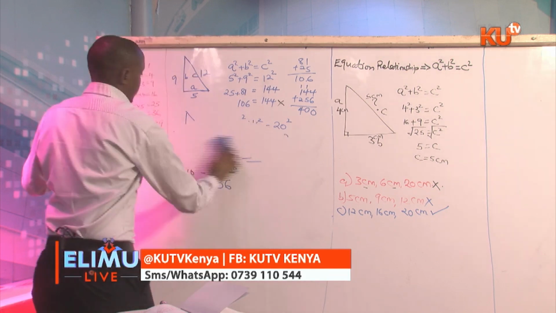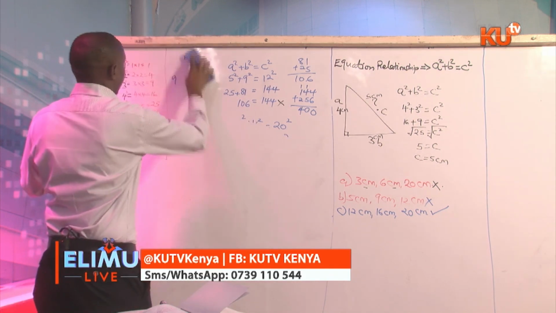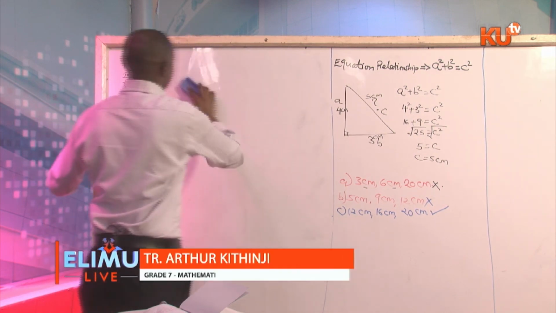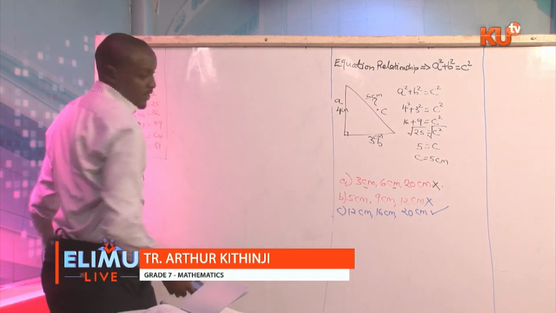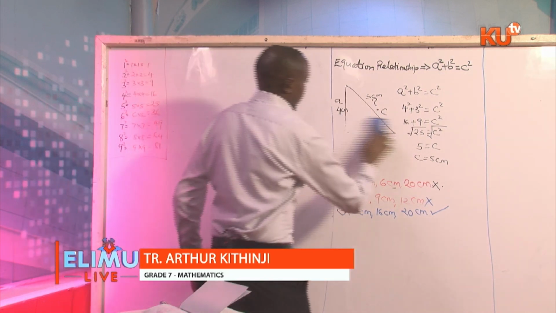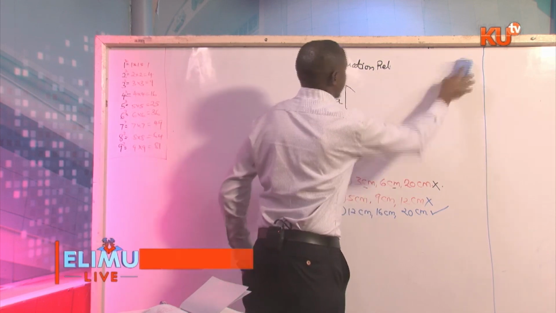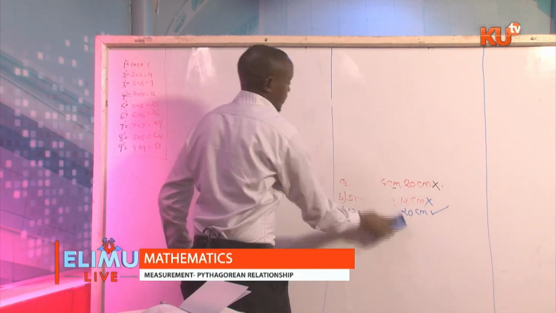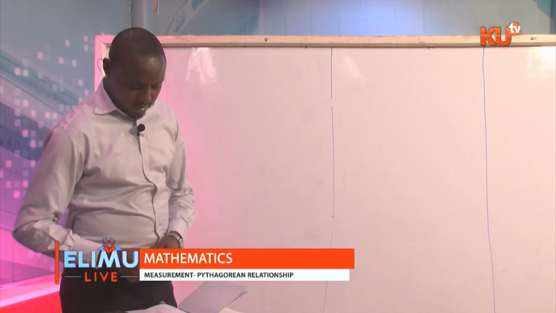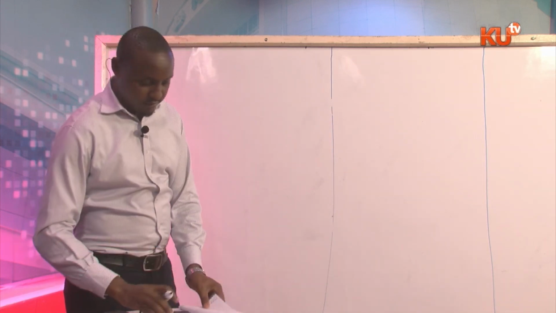I want us to apply the Pythagorean relationship to get missing sides of a right-angled triangle. Let's apply the Pythagorean relationship to get missing sides of a right-angled triangle. I have the following.